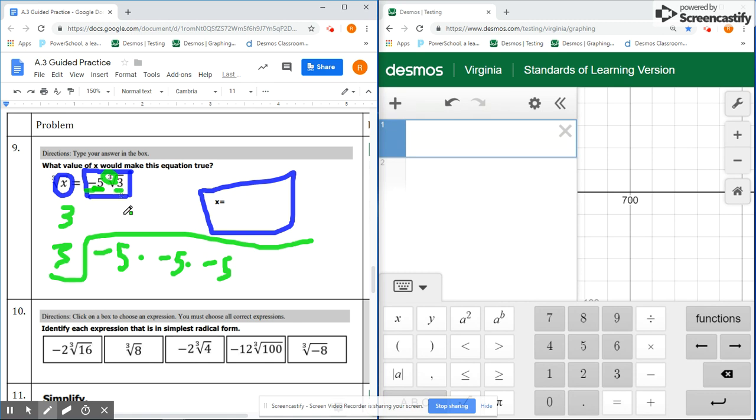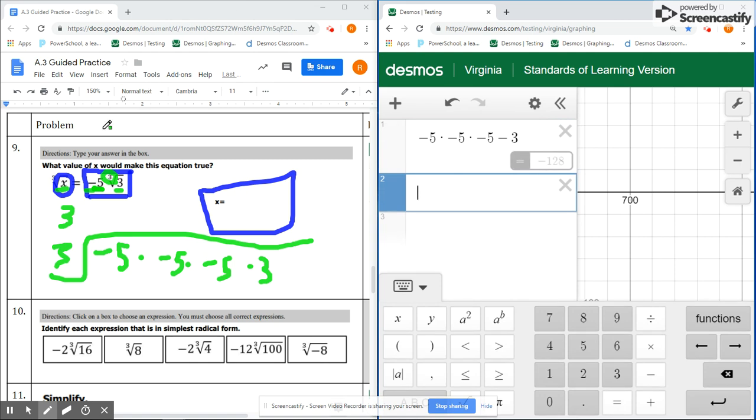And since this 3 is extra, that means there were no groups of 3, and we also have a 3 on the inside, okay? So the number that actually goes here on the inside is whatever -5 times -5 times -5 times 3 is, which if you use Desmos, should be -128, okay? So our answer is -128, okay?